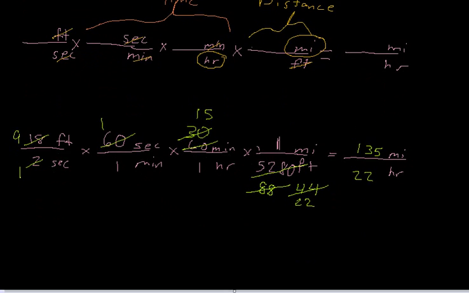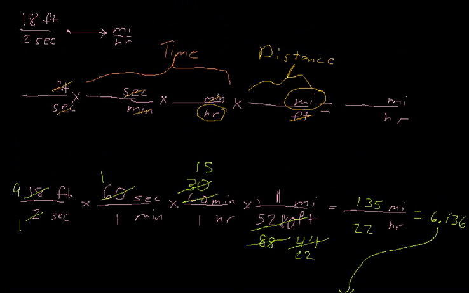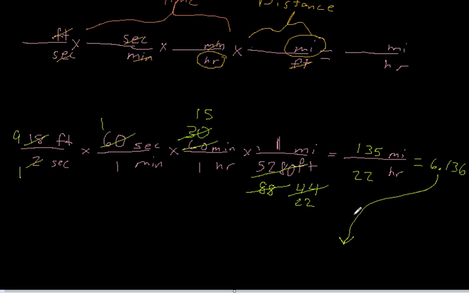Once I get to that point, I'm going to divide 135 by 22, and that will equal 6.136. But the problem says I want this to the nearest hundredth.